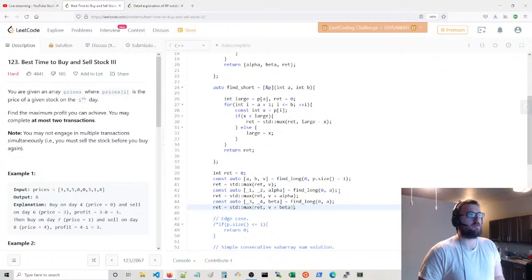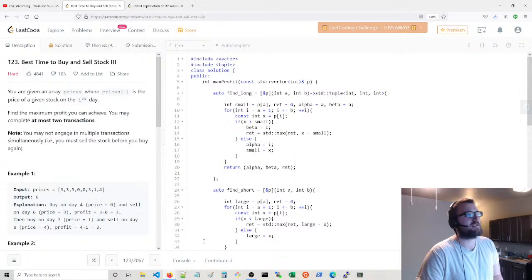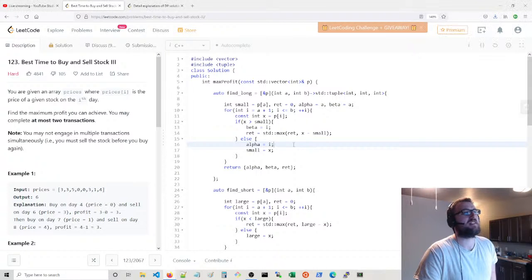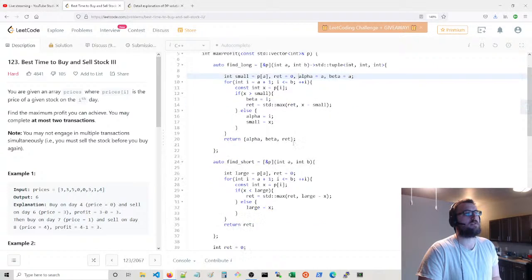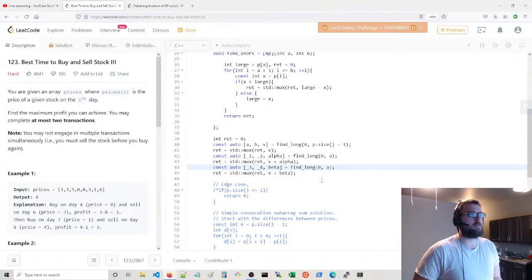Actually, I'm wondering now if we run into issues doing this. Some of these test cases we've got to test. I think it's okay. I think it works if A and B are in the wrong spots. But this is going to be from B to p dot size minus 1.